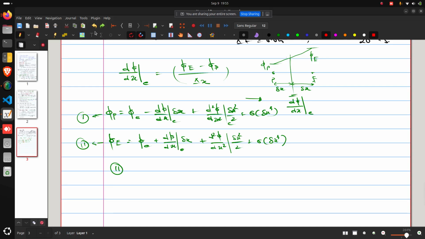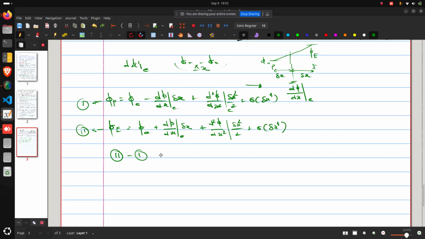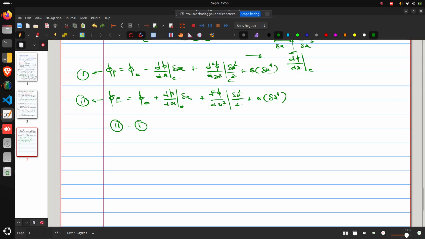Okay, so what we will do is subtract equation 1 from equation 2. So what are we left with? We will be having then phi east minus phi p. These two terms will get cancelled. This will get added up, right? So this will become 2 delta x d phi dx at E. Then these two terms will also get cancelled, right?